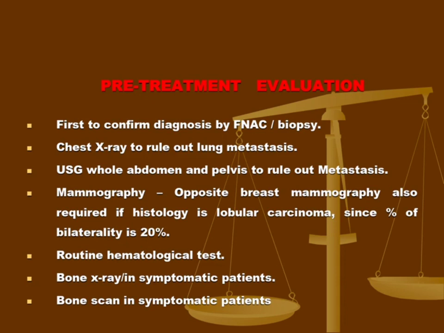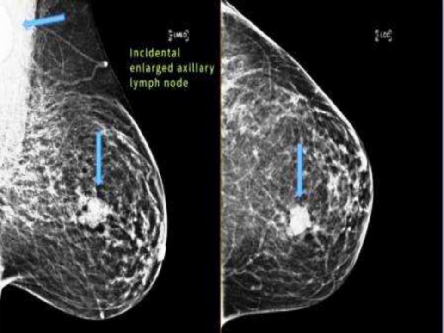You must know the importance of mammography. Mammography of the opposite breast is also required if the histology is lobular, since bilaterality in lobular carcinoma of the breast goes as high as 20%, compared to 5% in ductal carcinoma. Then routine hematological tests, bone X-ray, and bone scan in symptomatic patients. In asymptomatic patients also you can go for a bone scan to rule out bone metastasis in breast cancer.